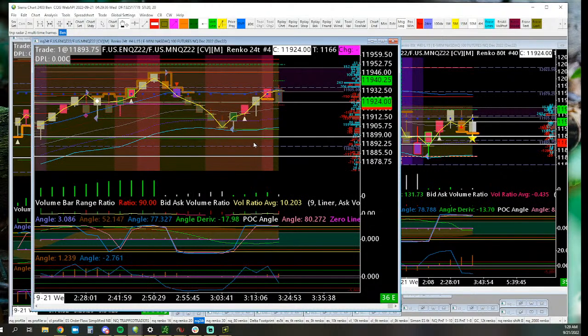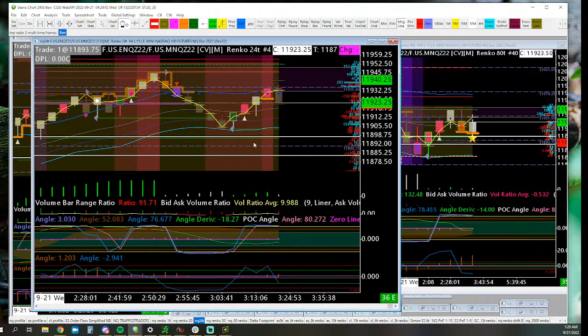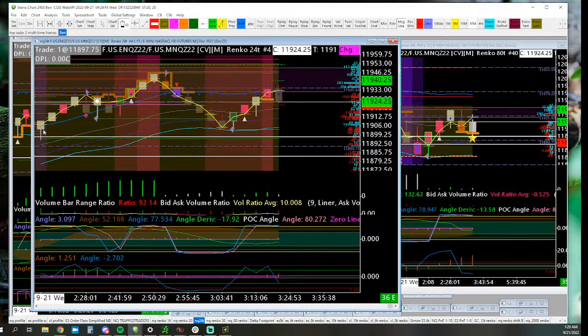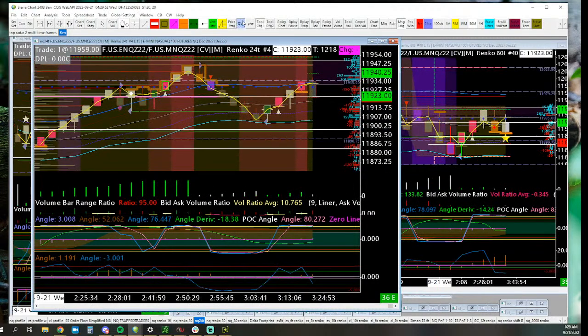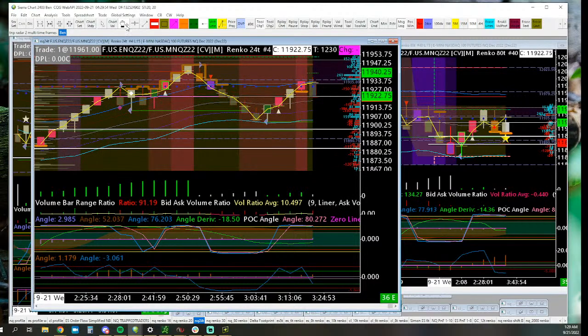So it's not a method for finding the top and bottom. It's only a method for measuring after the top or bottom has been found, for determining where to start and end your measurements if you want to see what happened during that turn.